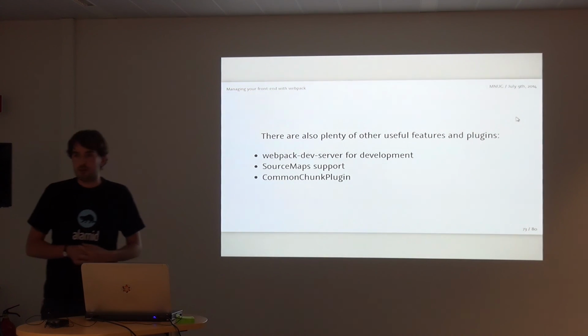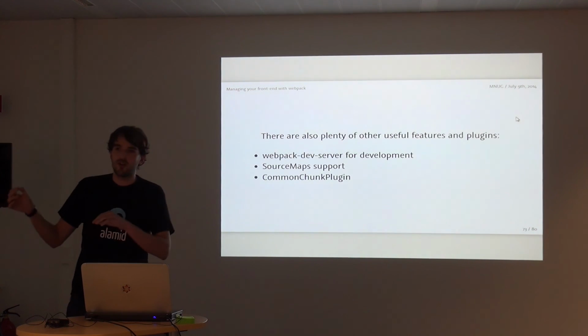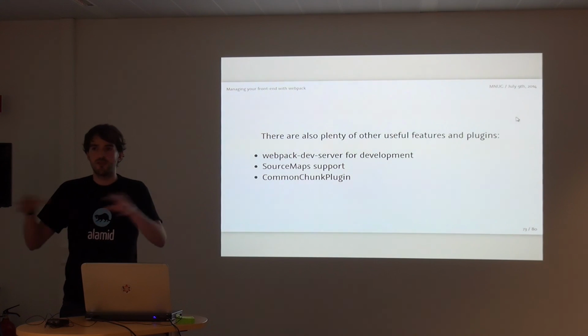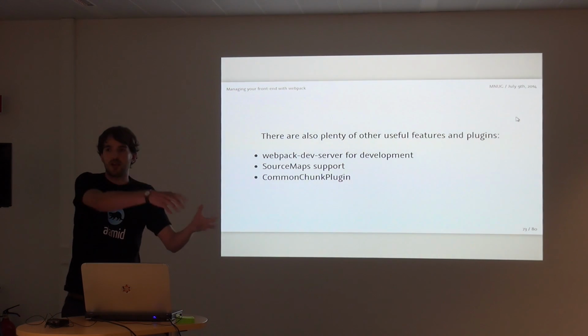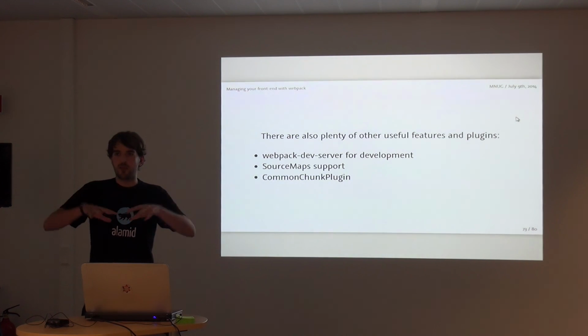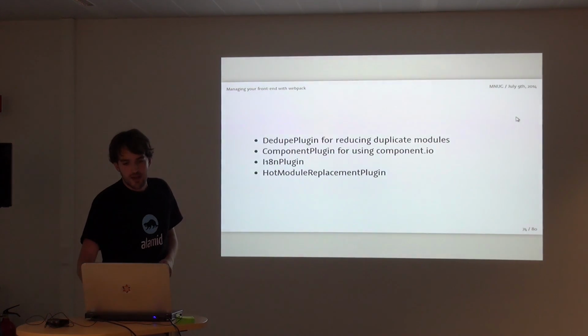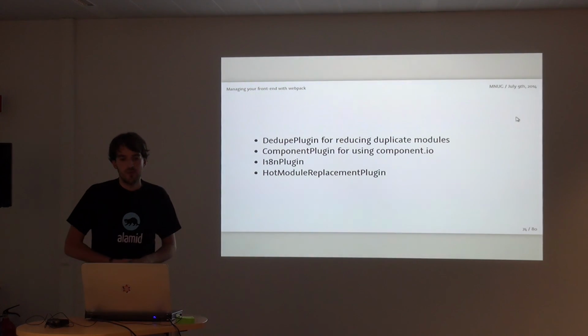It also has a common chunk plugin. That's for when you use the same modules in different chunks. Webpack takes all of them, puts them into a separate chunk, and then these modules don't need to be in multiple chunks. They can be just in one chunk. We also have a Dedupe plugin for reducing duplicate modules.